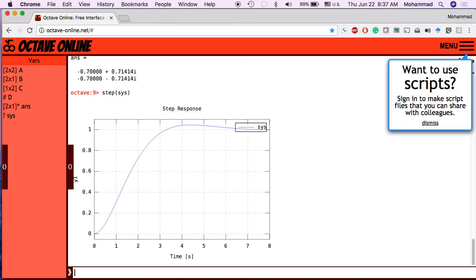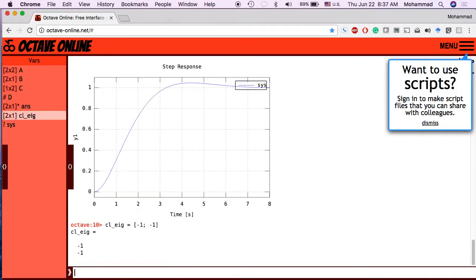Then in MATLAB, we said we want the closed loop eigenvalues to be located at -1, -1. So I'm going to create a vector closed loop eig equals -1 semicolon -1. So I created a column for the two eigenvalues. And then I'm going to use the place command.